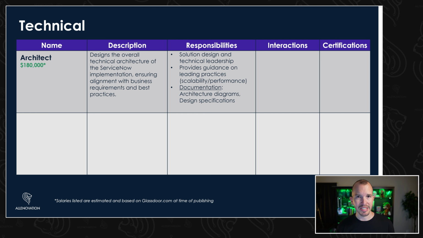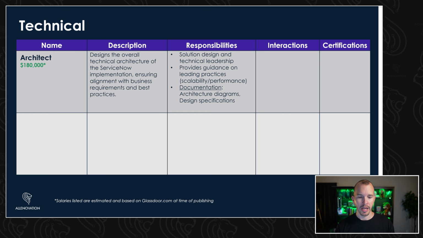And for the documentation, they're really going to be responsible for architecture diagrams and design specifications. So the architecture diagrams, as you can imagine, those are visual representations of the system structure, how the infrastructure plays with another piece of it, including components, their interactions, to ensure a coherent and scalable design.